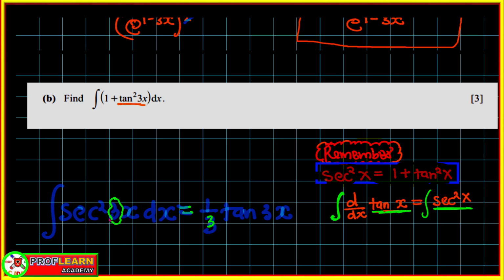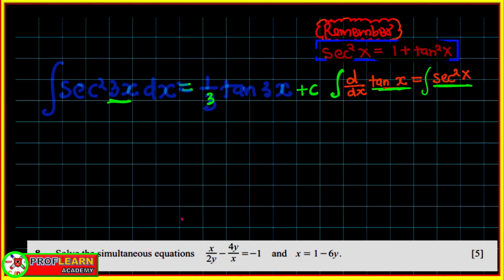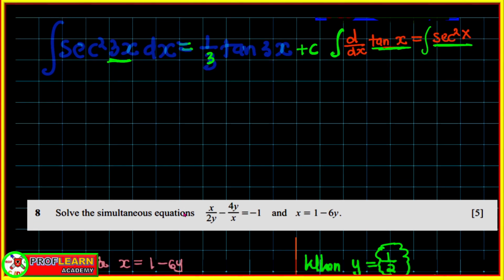Remember that 3, if you differentiate whatever is inside here, becomes 1 over 3. Instead of multiplying it in front, we are going to divide. So this is what our answer is. And don't forget to say plus c. If you don't say plus c, you're going to lose 1 mark there.